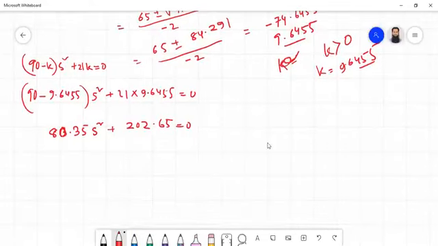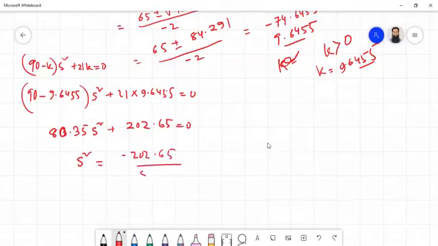So this will give you two values of s. So basically s square will be minus 202.65 divided by 80.35, which is equal to minus 2.522. So s will be basically plus minus j root over that value.